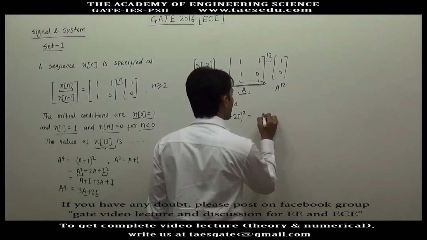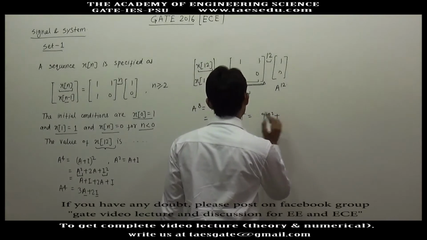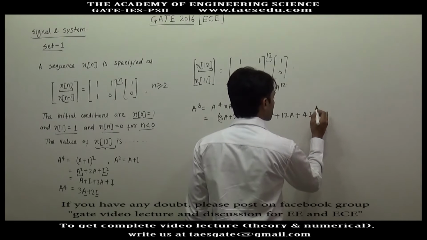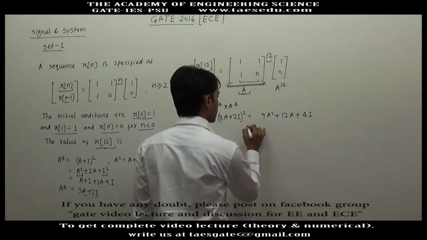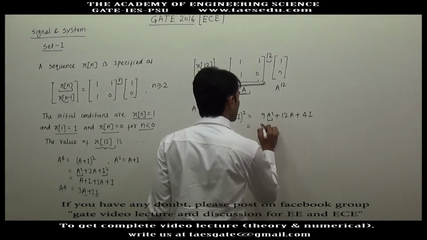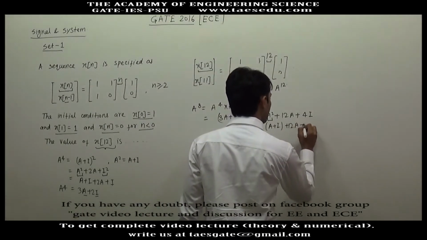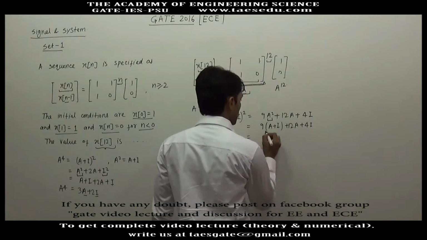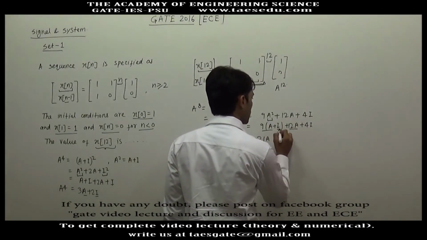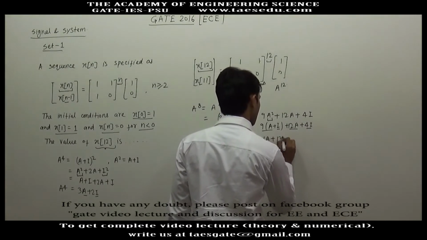This will be 9A square plus 12A plus 4I square, and I square is equal to I. Again A square is A plus I, plus 12A plus 4I. Here 9A plus 12A is 21A, and 9I plus 4I is 13I.